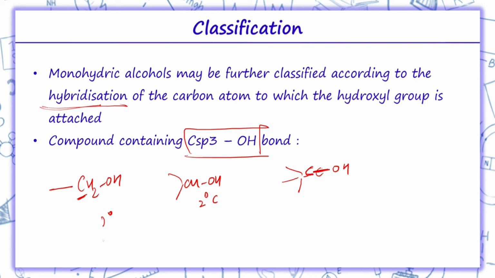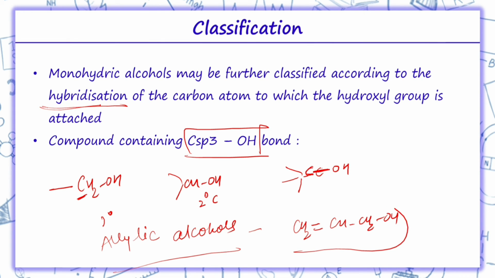Allylic alcohols also come in the category of sp3 hybridization. Like CH2=CH-CH2OH, this is primary alcohol. Similarly, we have CH2=CH-C-CHOH. This is secondary alcohol because it is attached to 2 carbon atoms. Similarly, tertiary allylic alcohol also comes under sp3 hybridization.